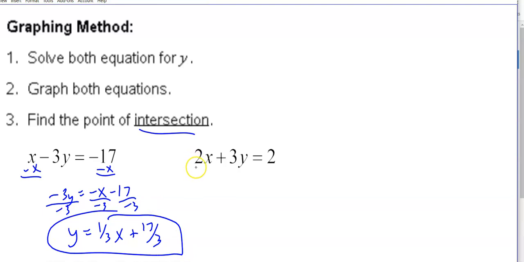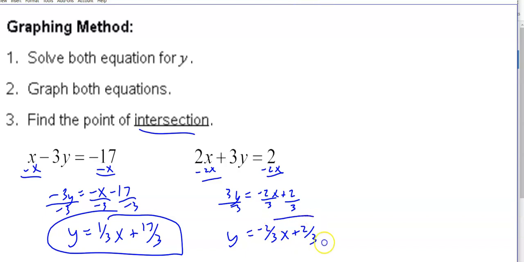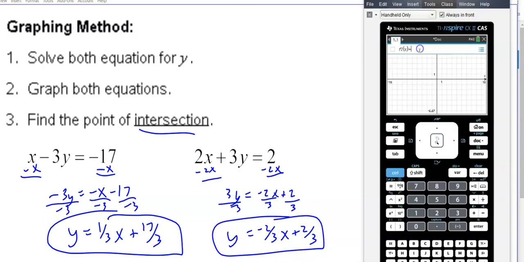Okay, this one, if I solve it for y, I get 3y equals negative 2x plus 2, divide by 3, divide by 3, divide by 3. I get y equals negative 2/3 x plus 2/3. Again, a tough one to graph by hand. Okay, so I'm going to graph each one of these.